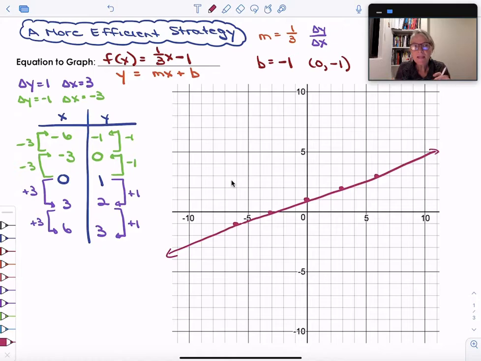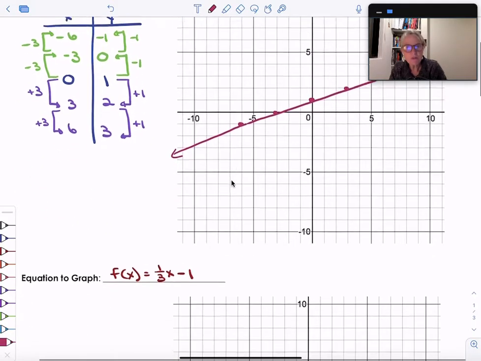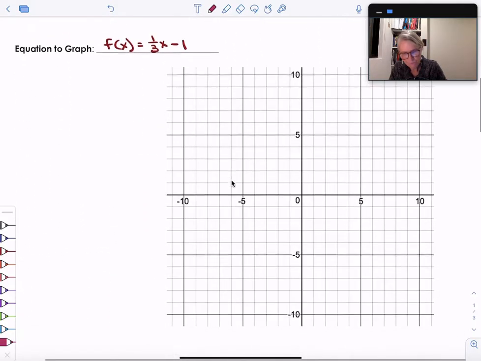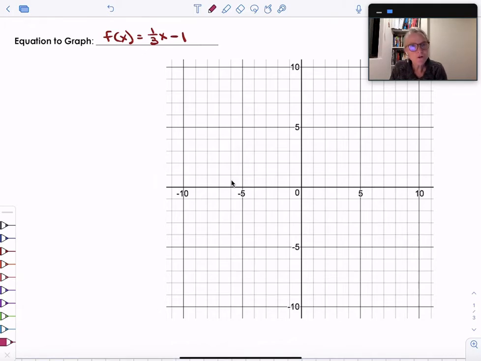Okay, let's take this one step more efficiently. Could we do it without having a table of values? I recommend you totally use your table of values till you feel comfortable with it. But then the next step, to be the most efficient, is we're going to first again decode it. y equals mx plus b.